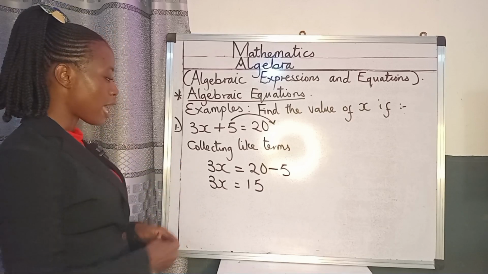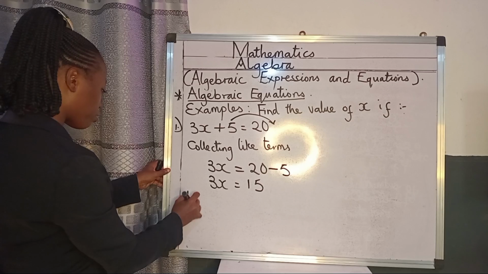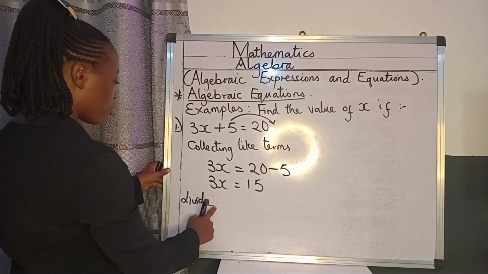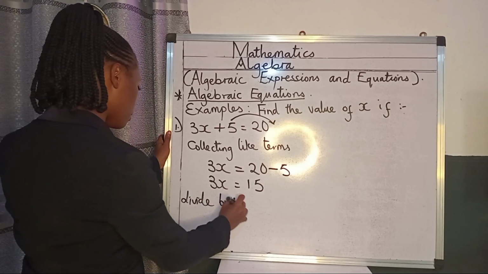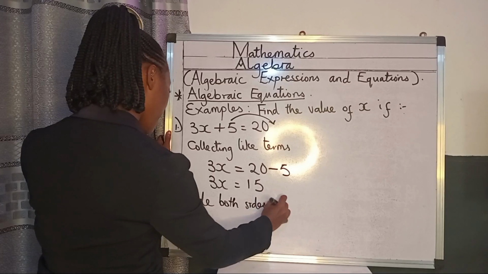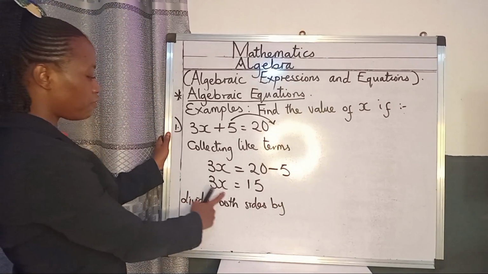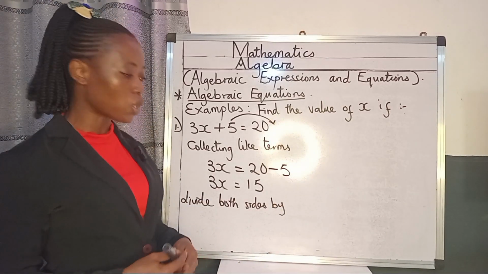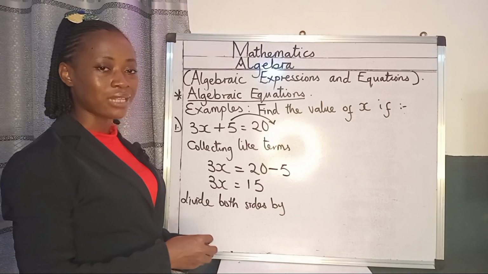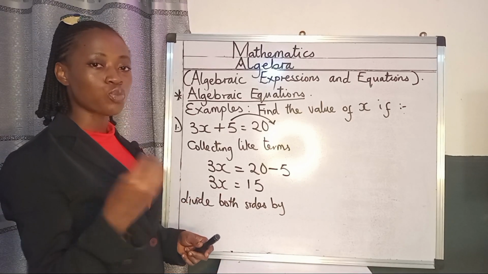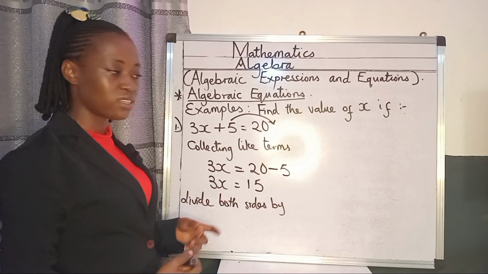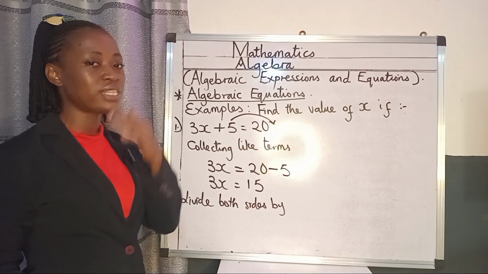In other words, I'm going to divide both sides by 3. Now 3 is the coefficient of x. The coefficient of any letter is the number attached to that letter, telling you how to multiply that letter. Do you understand? So 3x, just like saying 3 times x.